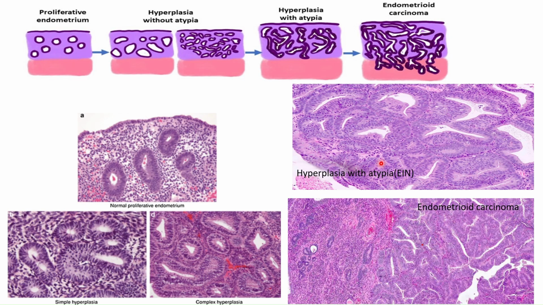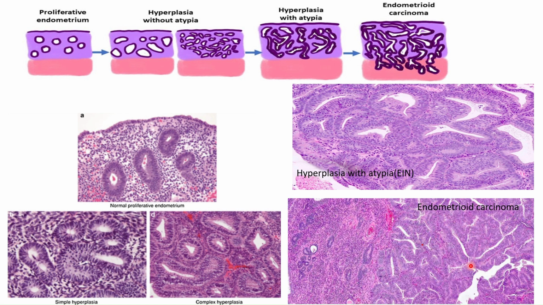This is hyperplasia with atypia, where gland to stroma ratio is increased, very little stroma is visible, and there is some atypia in the glands with outpouching or angulated glands.